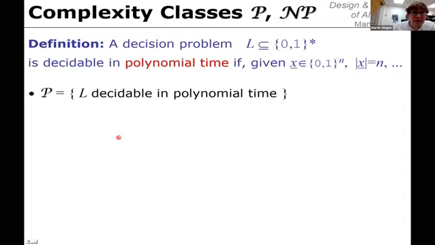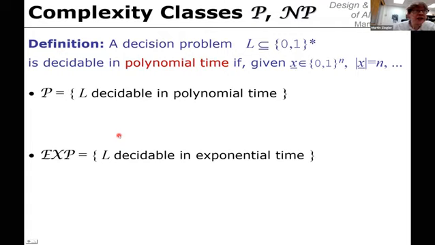Whereas the class EXP is the class of all decision problems that can be answered in exponential time, in time exponential in the length. The binary length is our prime measure of our complexity parameter. And of course, polynomial time is a special case of exponential time. Polynomial time includes, for instance, n to the 6.